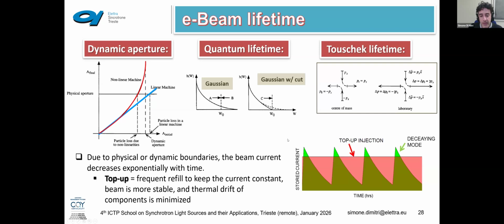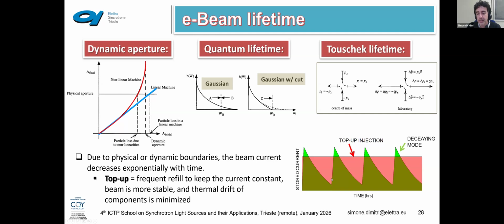But what I'm more interested in here is the fact that once you inject the current, and please look at the bottom right plot here, once you inject a given current into the synchrotron, because of this charge loss, which is of course unwanted, you are reducing the stored current over time until you reach a point where the current is no longer enough to satisfy users in terms of photon intensity, because the synchrotron radiation power is proportional to the number of electrons stored in the synchrotron.